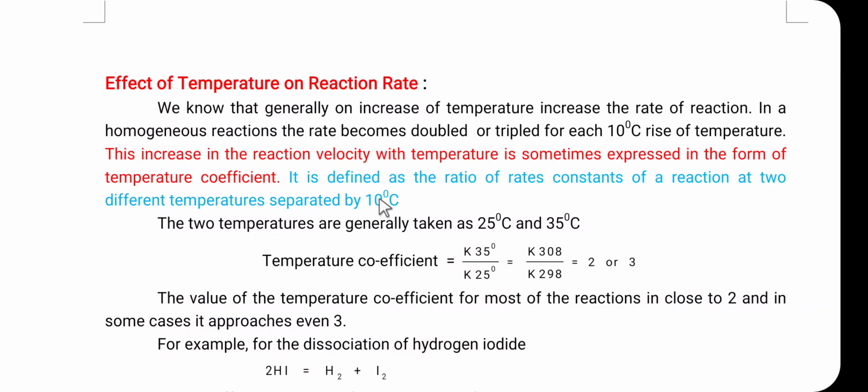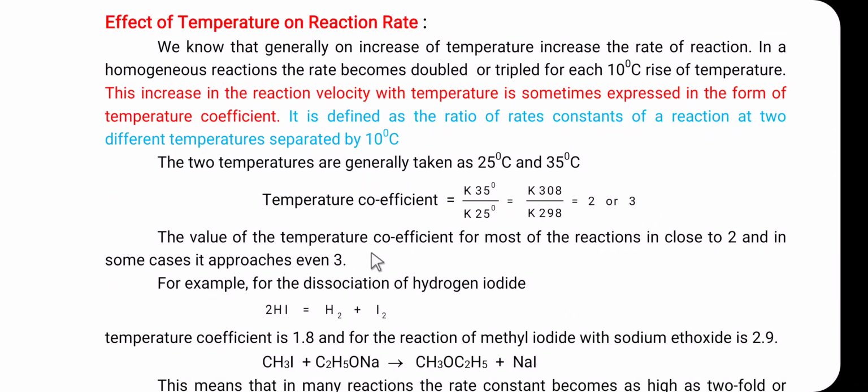Generally the two temperatures considered are 25 degree Celsius and 35 degree Celsius. So the temperature coefficient is the ratio of the velocity constant for the same reaction at two different temperatures: velocity constant at 35 degree Celsius to the velocity constant at 25 degree Celsius, and this ratio is equal to 2 or 3. This term is called the temperature coefficient.